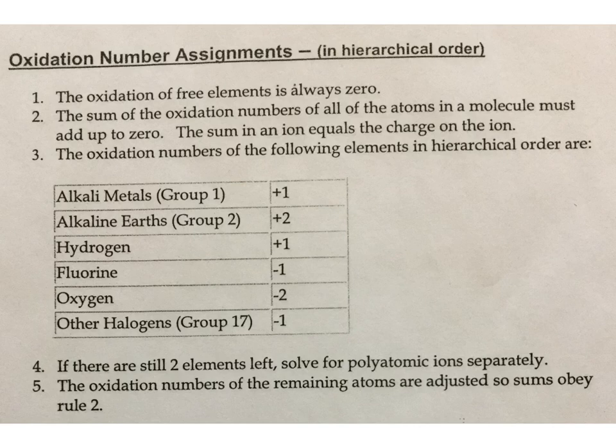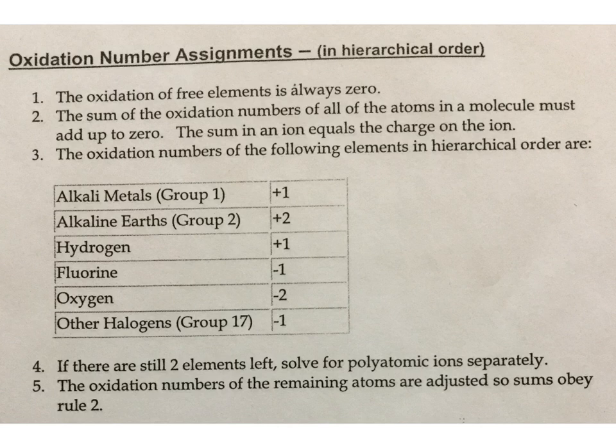Hello, Chem class. This is going to be a lesson on how to determine the oxidation numbers of a given compound or ion. And here you should have a sheet that looks like the one that I have here on the background today.